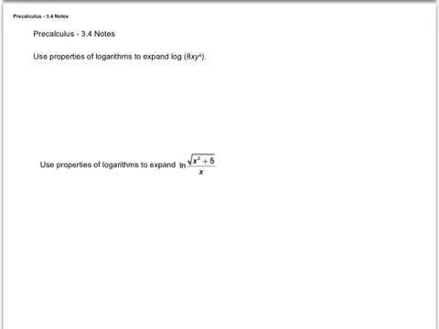So now we're going to use those properties that we just saw, and we want to expand out the log of 8xy to the fourth. Well, it's all multiplication. So when we expand this log out, we're going to have log 8 plus log x plus log y to the fourth.